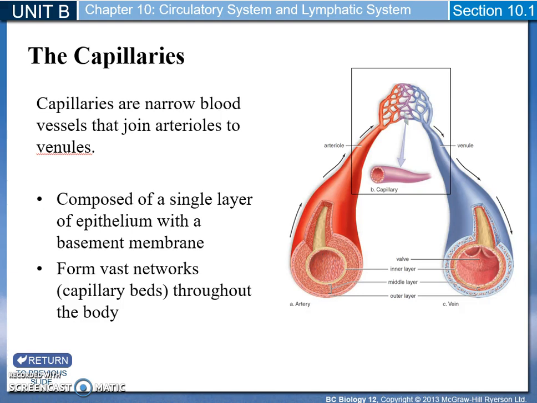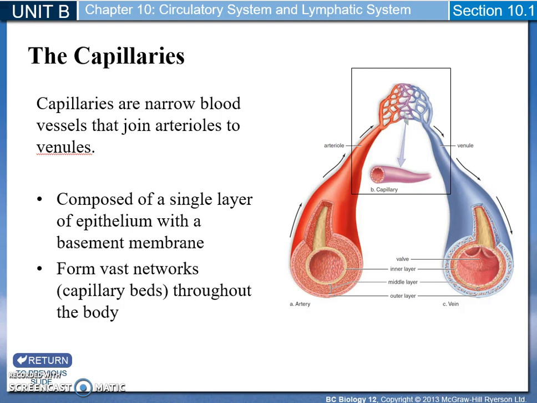Then we have the capillaries. So from arteries to arterioles to capillaries, and these are the very narrow blood vessels that join arterioles to venules. We'll get to veins and venules in just a minute. These are actually composed of a single layer of epithelium with a basement membrane.